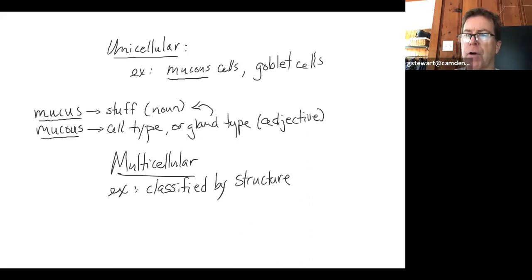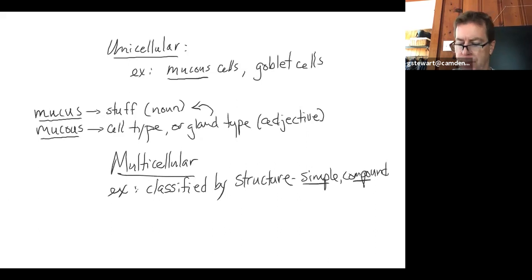They're either simple or compound. That just refers to how complex they are. For example, a simple gland might look like this. It's got multiple cells in it. This is an example of a simple gland.